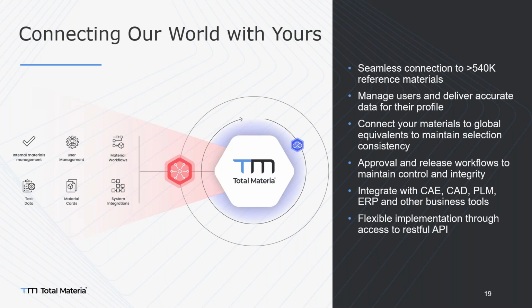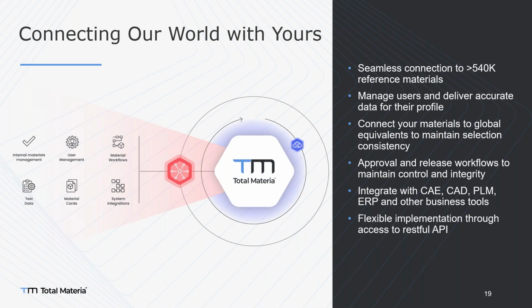You can manage users and deliver accurate data for their profile, deciding which engineer or which user sees what material or what material properties at the same time. You can connect your materials to global equivalence to maintain selection consistency, approval and release workflow, maintain control and integrity, and integrate with simulations, CAD, finite element analysis, and PLM, ERP, and other business tools.